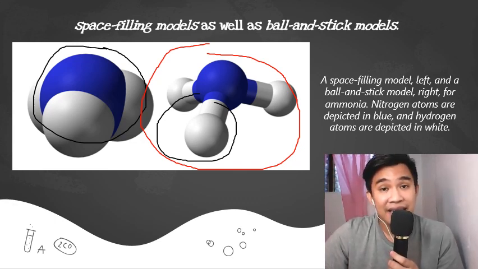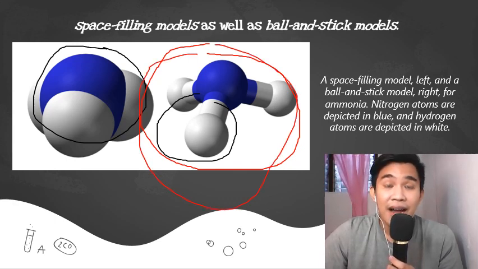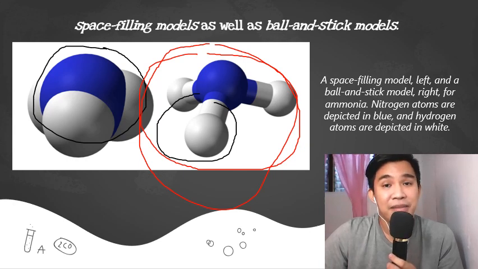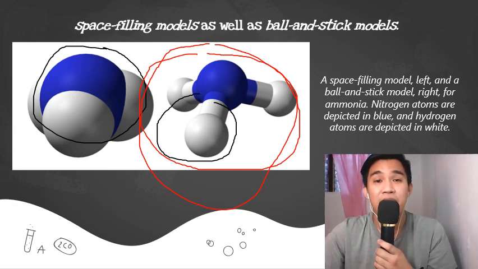And the right-hand image shows us the ball and stick model for ammonia. And as you might be able to guess, the balls represent the atoms, and the sticks that connect the balls represent the covalent bonds between the atoms.